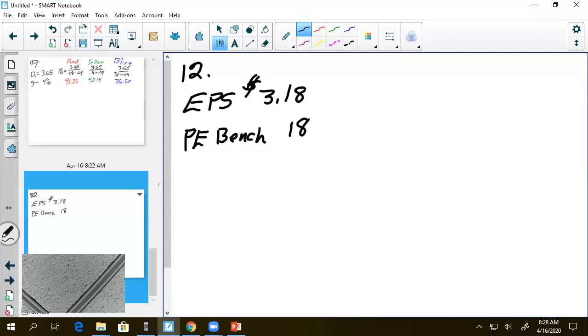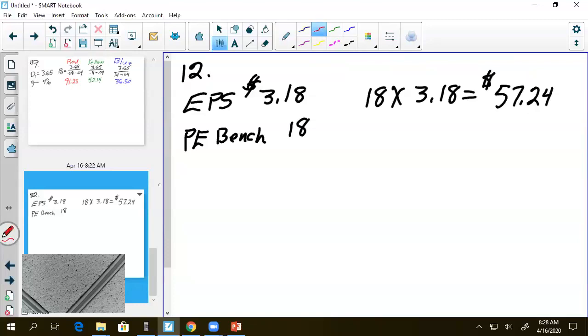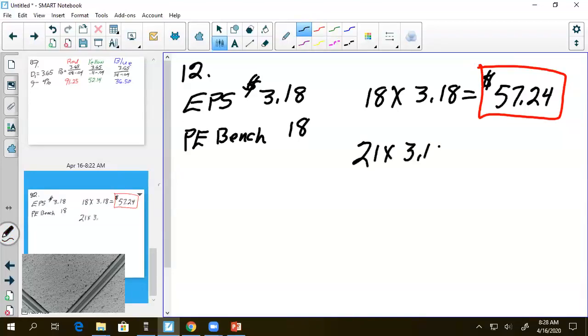So really what we have to do here is take the 18 benchmark times the 3.18 earnings per share, and you get 57.24. Does everybody see that? Everybody good with that? And then they mentioned, what if it was 21?